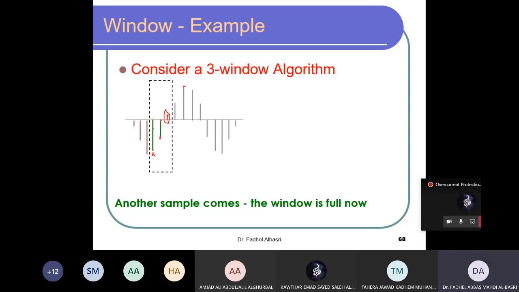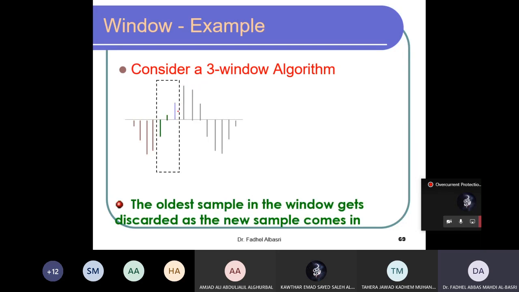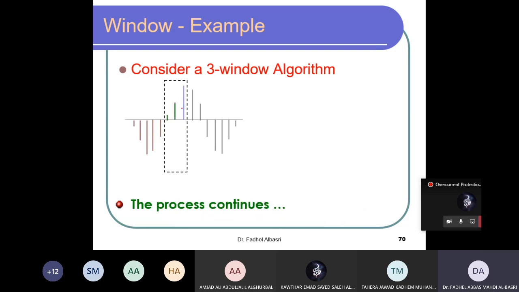I can use 3 samples or I can use 5 samples. Some algorithms use 3, some use 2 to estimate this peak. I can predict this before it comes, so this is a sort of window. Once I estimate from these 3 samples and a new sample comes in, I remove the oldest one and keep estimating as each sample comes in.